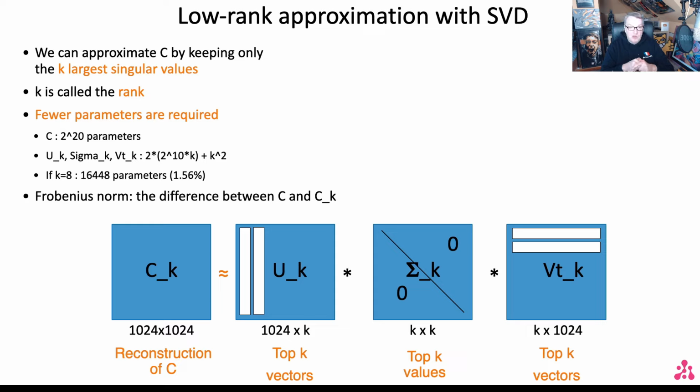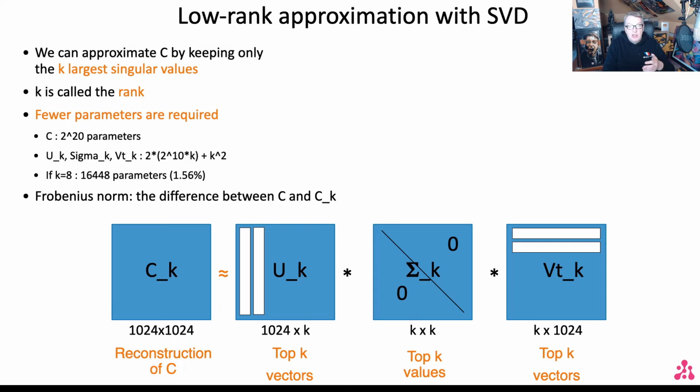If we sum the parameters for U, sigma, and V transpose, we get 2 to the power of 10, so 1024, multiplied by k for U_k, same for V_k transpose, so 2 times 2 to the power of 10 multiplied by k, plus the small number of parameters in sigma_k, which is k squared.